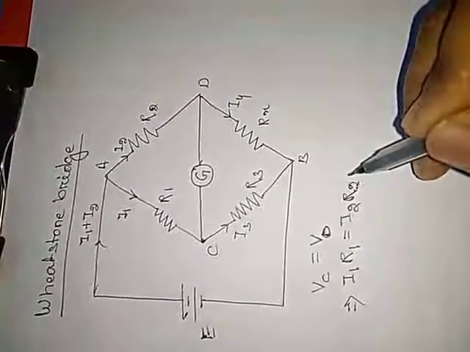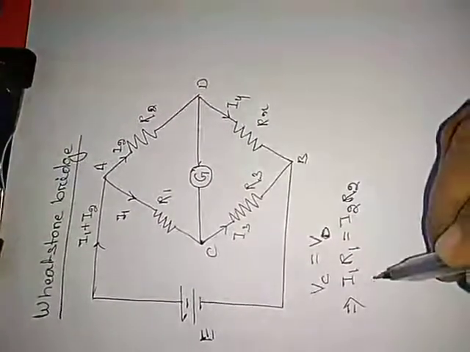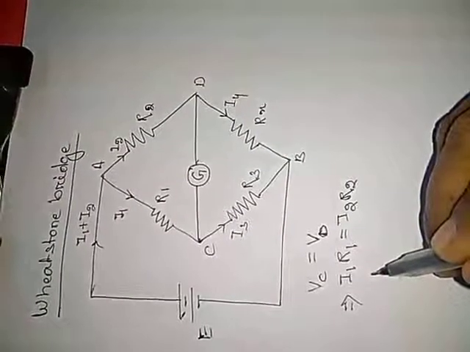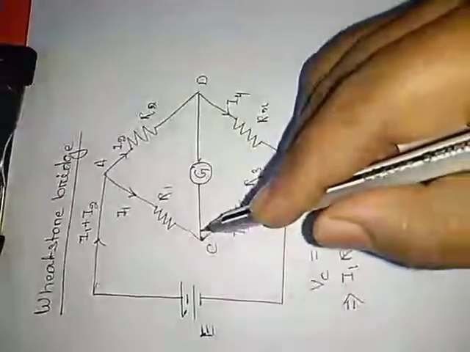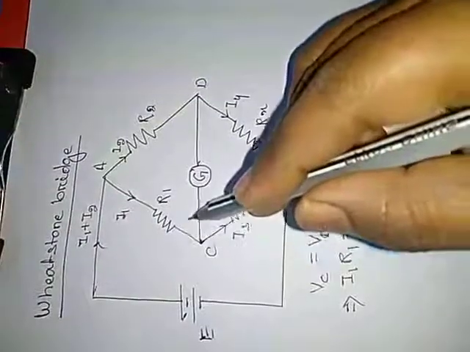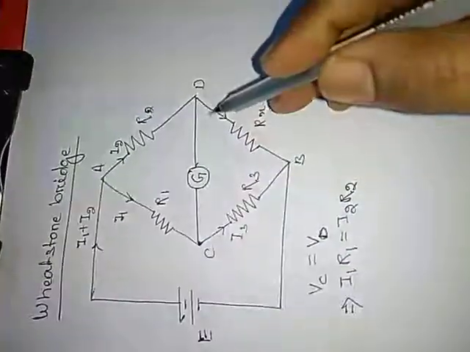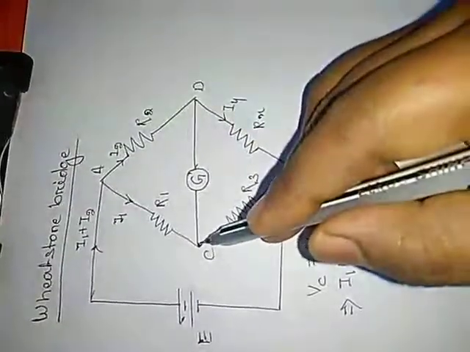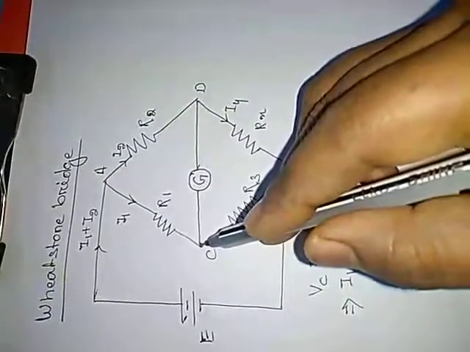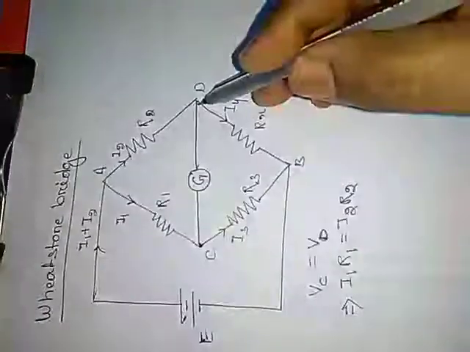When the bridge is balanced, no current is flowing through the galvanometer, so the potential at C is equal to D.